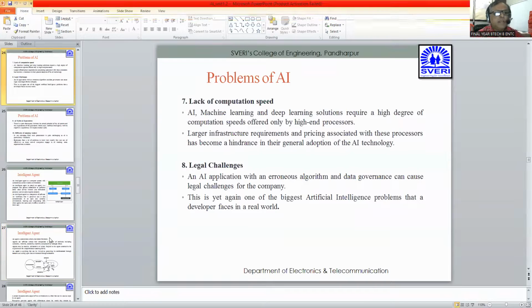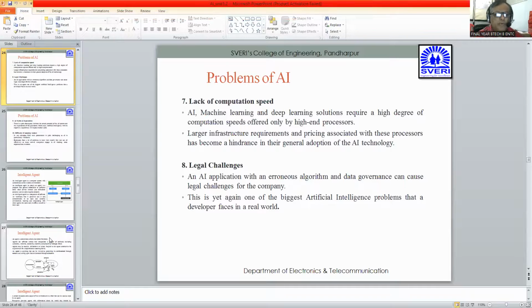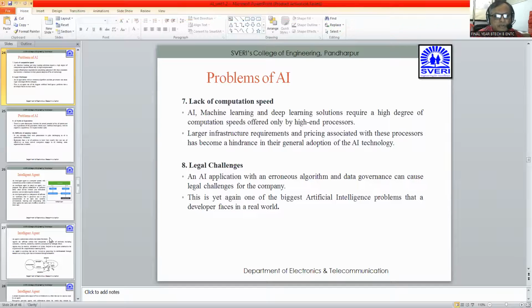Then comes the lack of computation speeds and legal challenges. AI, machine learning, and deep learning solutions require a high degree of computation speed, offered only by high-end processors. If you want to tackle programming based on AI, machine learning, or deep learning, it requires very high computation speed, and you cannot achieve it on a normal computer.